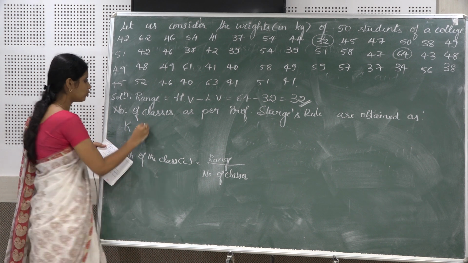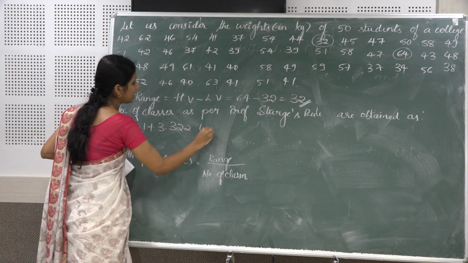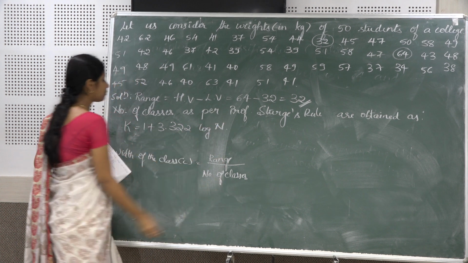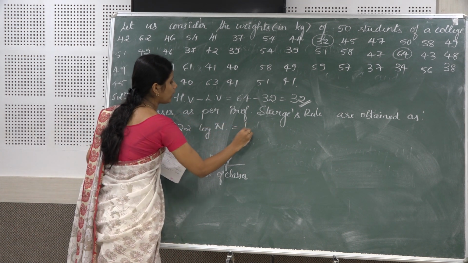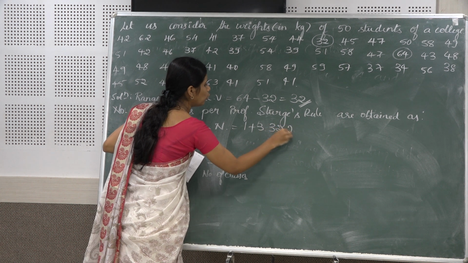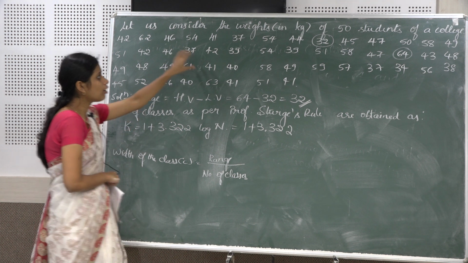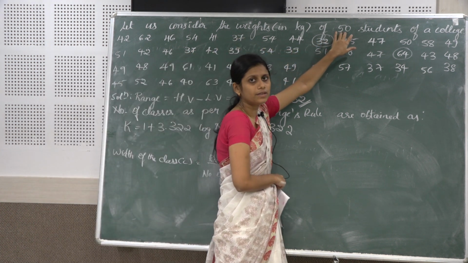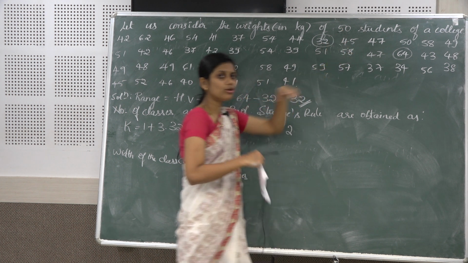K is equal to 1 plus 3.322 log n. Write it as it is, 1 plus 3.322 log n. What is n? n is the number of observations. Here the number of observations given is 50, since the weights of 50 students are given, that's why n is equal to 50.